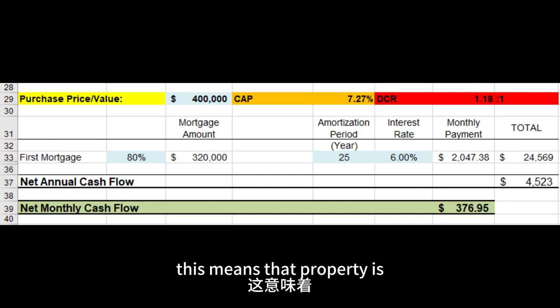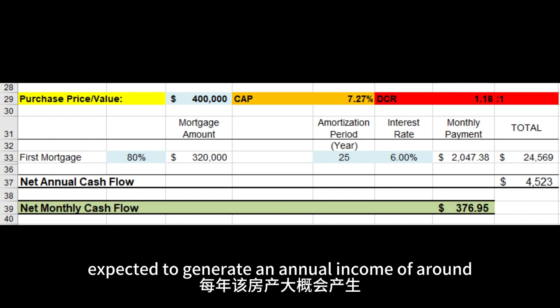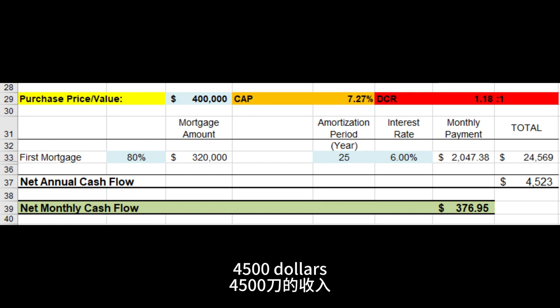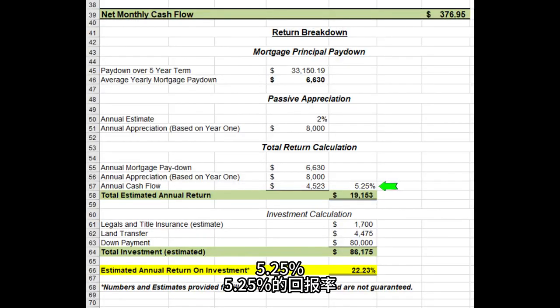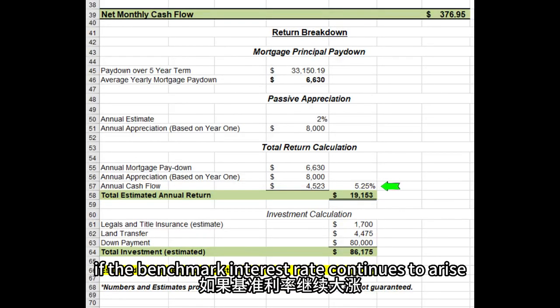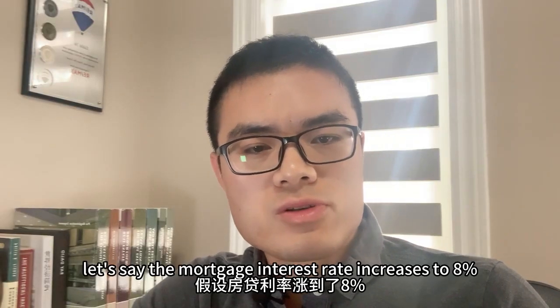This means that the property is expected to generate an annual income of around $4,500, resulting in an annual return rate of approximately 5.25%.